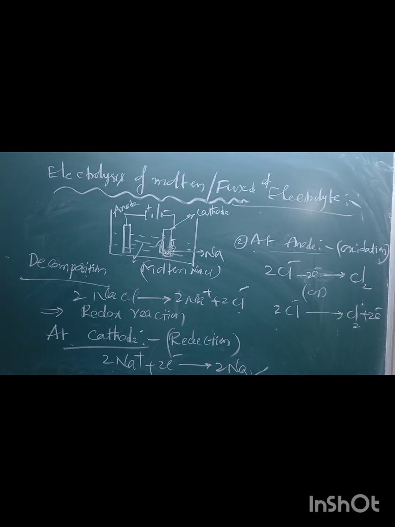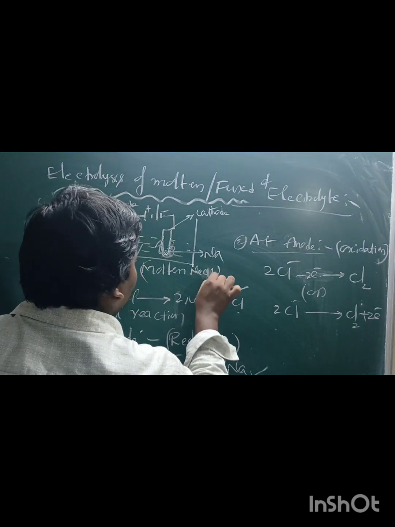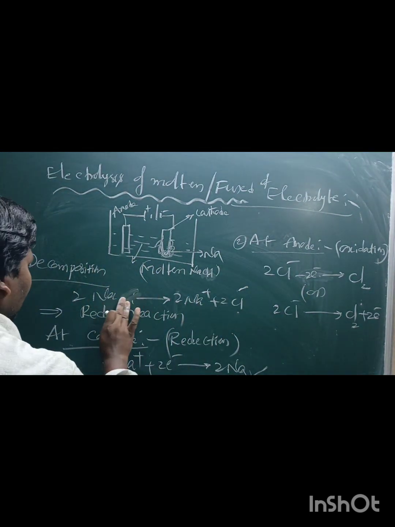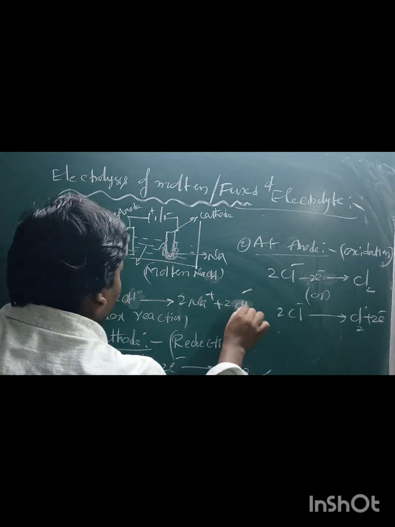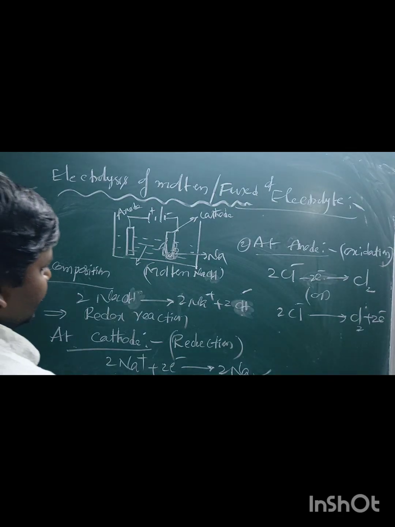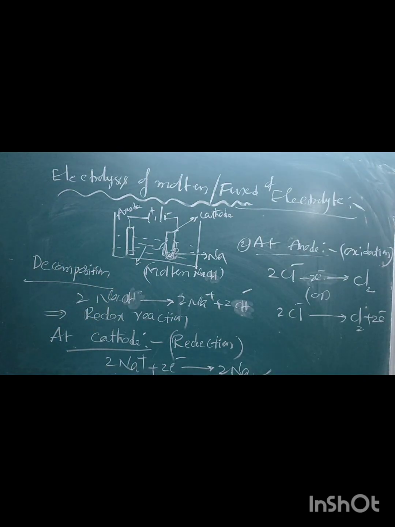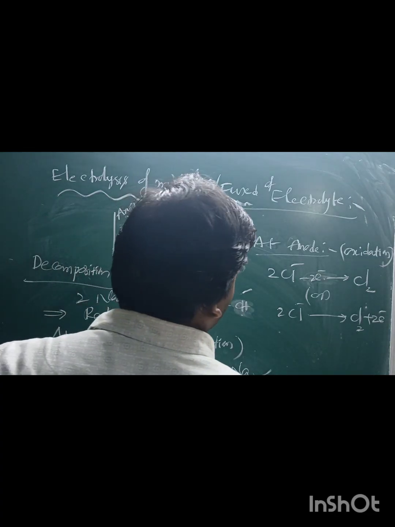In case, instead of NaCl, now I am taking molten NaOH. What happens? NaOH can dissociate into Na plus and OH minus ions. At a cathode, sodium metal is deposited. At the anode, the reaction changes here.